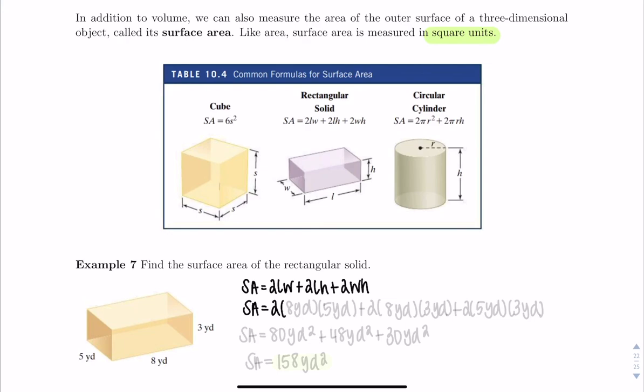So that's 2 times 8 yards times 5 yards plus 2 times 8 yards times 3 yards plus 2 times 5 yards times 3 yards.